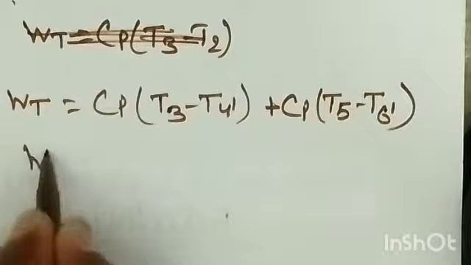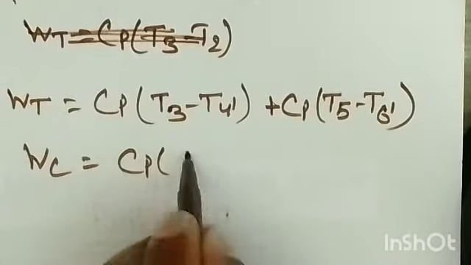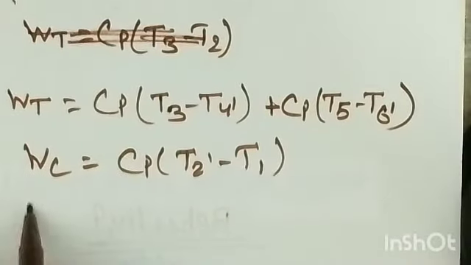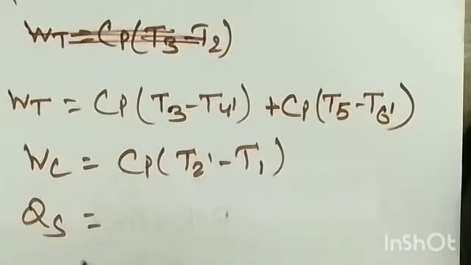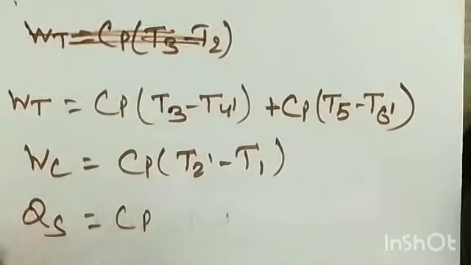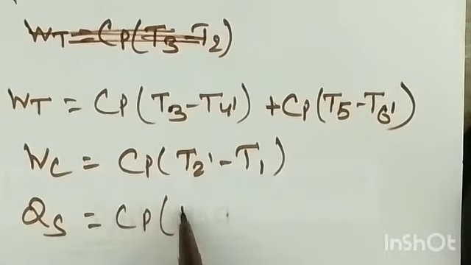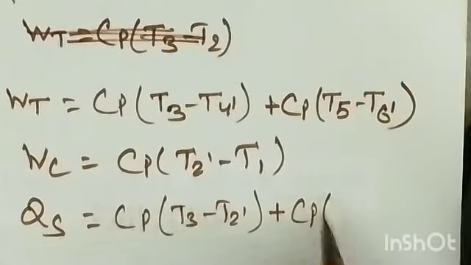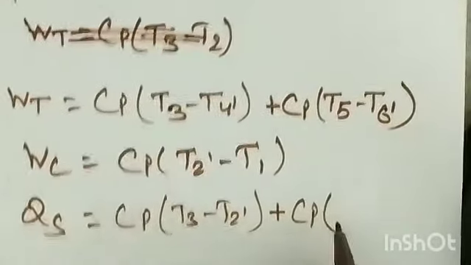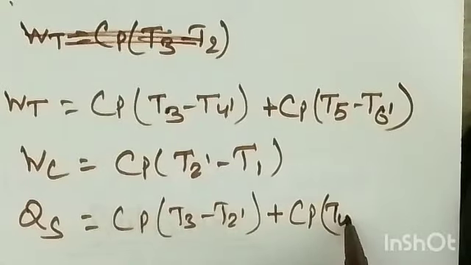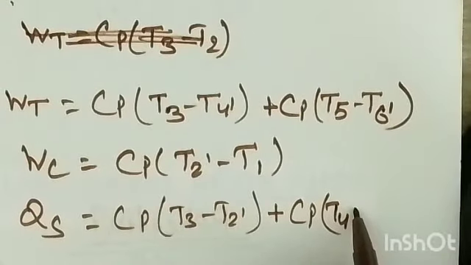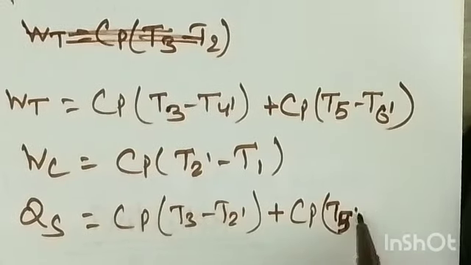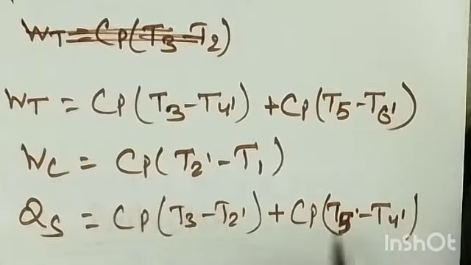And then the compressor work is simply Cp (T2 dash minus T1). Actual temperature we are taking, right? The heat supplied in the combustion chambers is Cp (T3 minus T2 dash) plus Cp (T5 minus T4 dash), right?